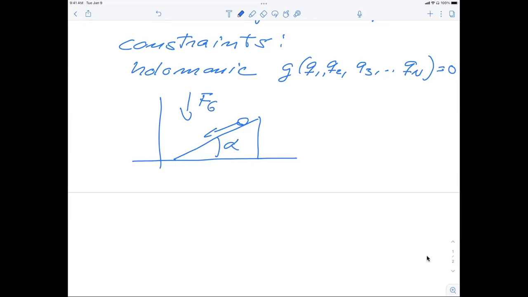We had y, the y direction, and x here. And then we had a constraint where our specific function of x and y was given by y minus x times tan alpha, and this is equal to 0. So this is an example of that type of equation.